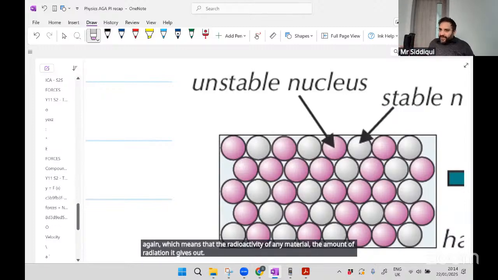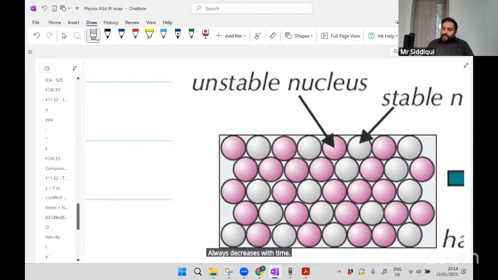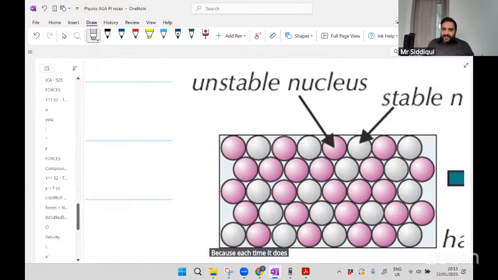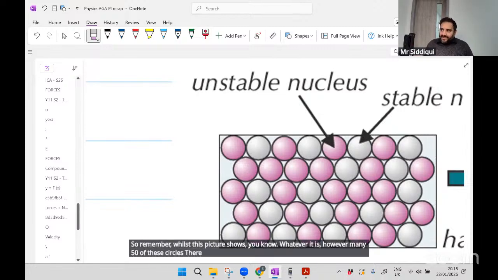which means that the radioactivity of any material, the amount of radiation it gives out, always decreases with time. So if I've got a calculator here in front of me, which has got some radioactive atoms, it's giving off radiation, but it's constantly giving out slightly less all the time, because each time any of the atoms does it once, it doesn't do it again. Remember, whilst this picture shows, however many, 50 of these circles, there are billions of these atoms in any material, billions and billions, loads of them.